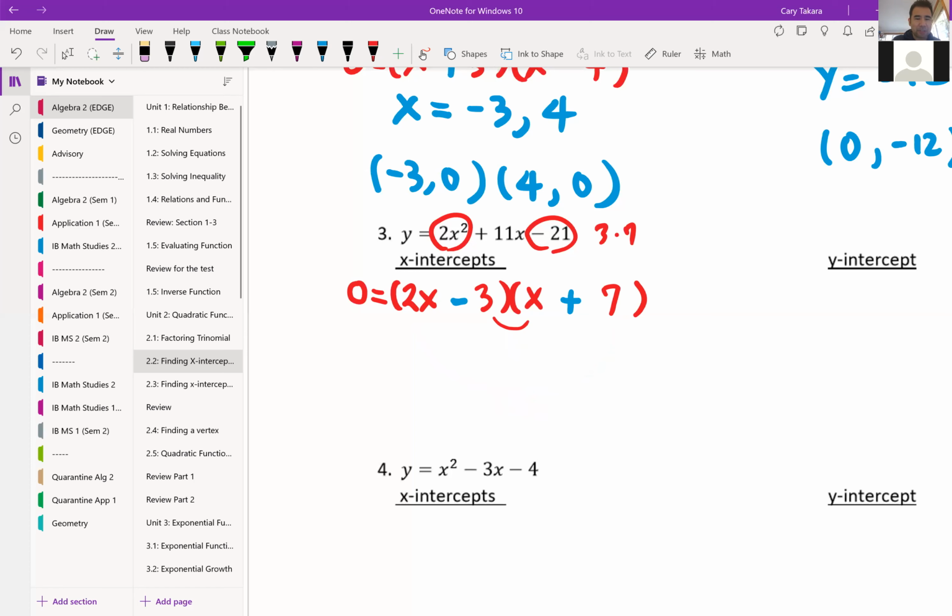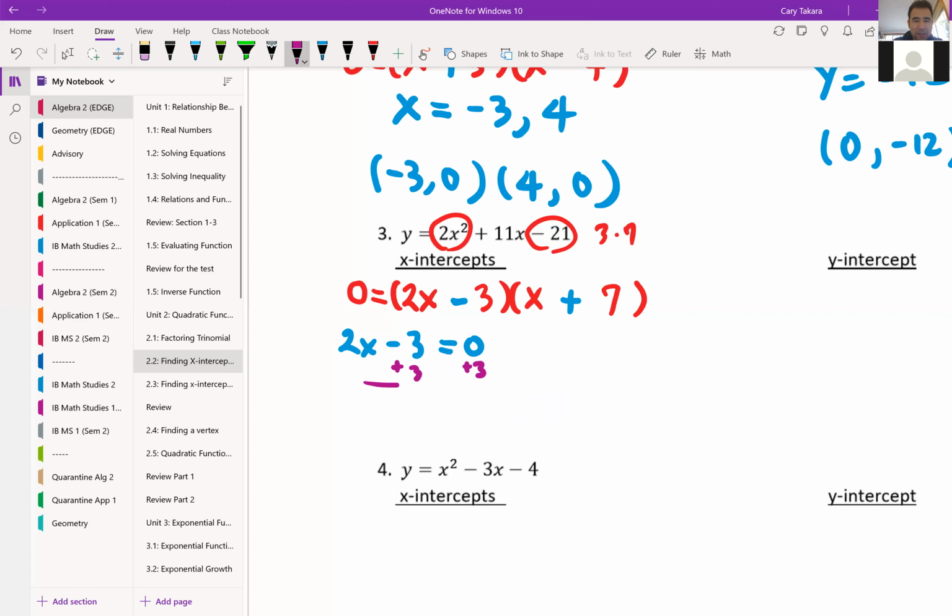Now, I'm going to erase that. Now we're not quite done yet. So we are going to set each parentheses equal to 0, right? So we're going to set 2x minus 3 equal to 0. And then you're going to solve for x by adding 3.